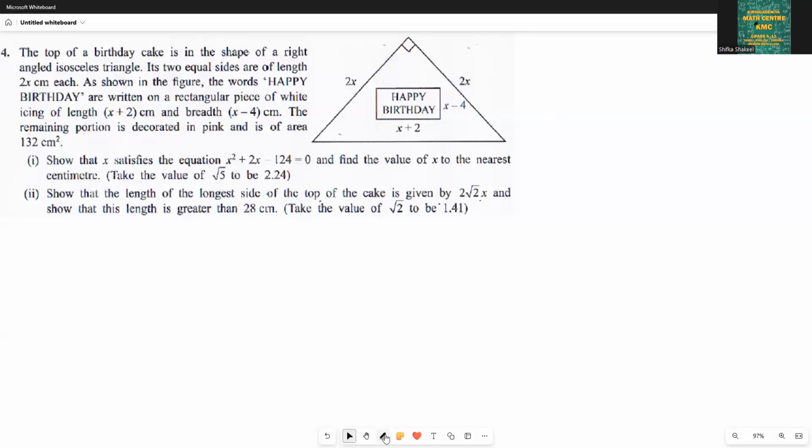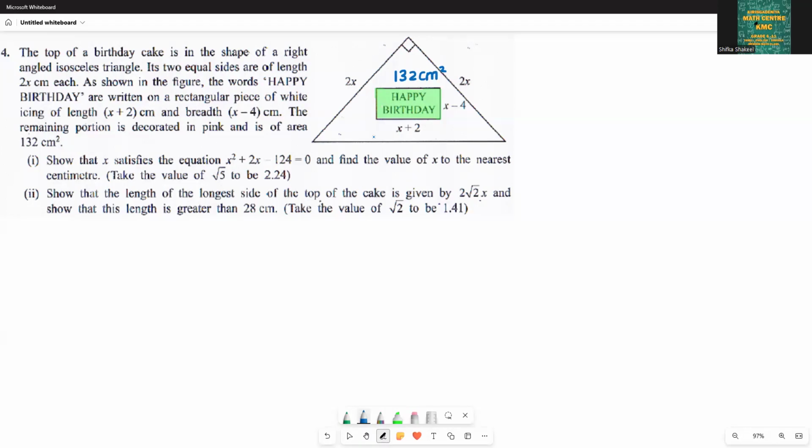So the Happy Birthday is marked in the rectangular part, and the remaining part's area is 132 centimeters squared.